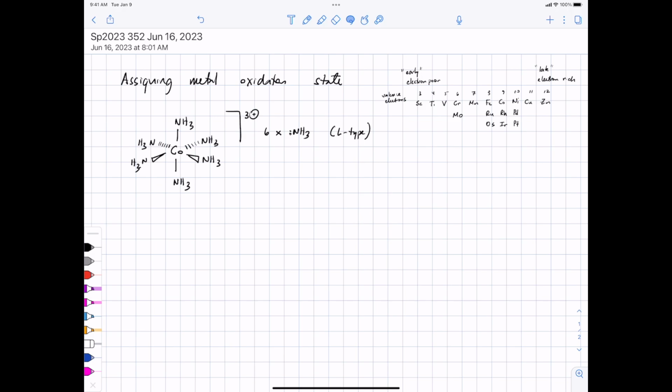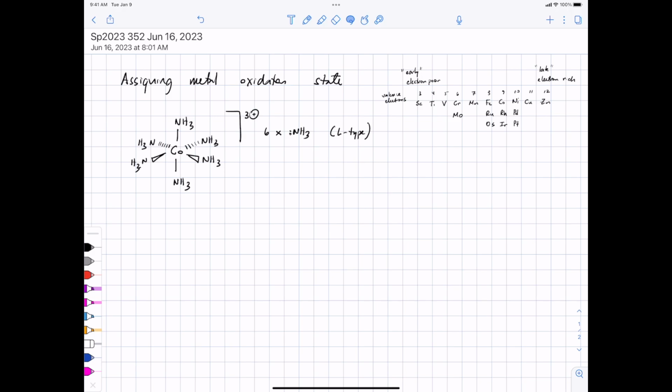All right, we're talking about transition metals in carbon-carbon bond forming reactions. And I was trying to show you how you can assign metal oxidation state. And also, because this is going to be helpful in understanding what's going on when we talk about the reactions involving these metals.